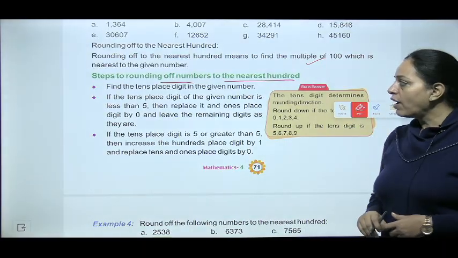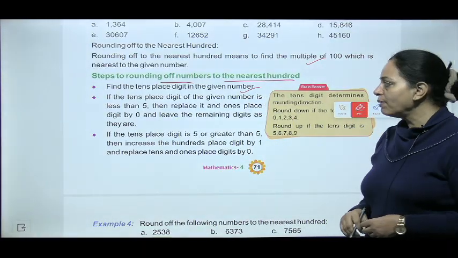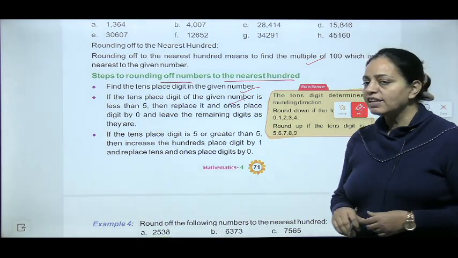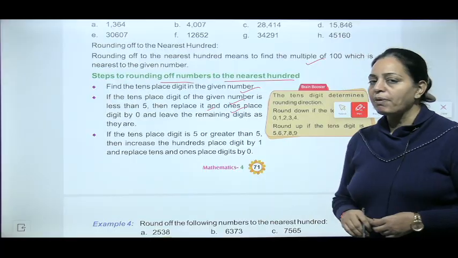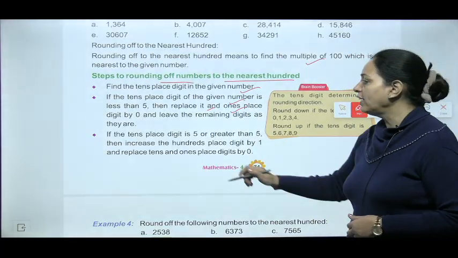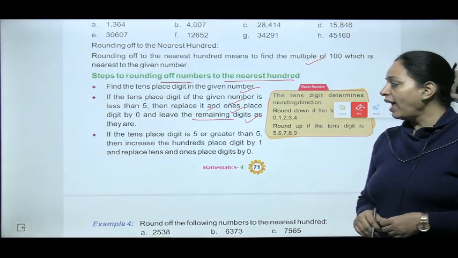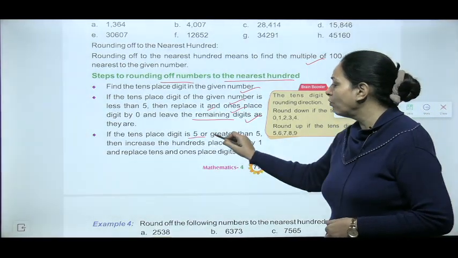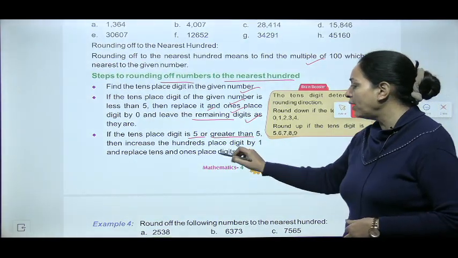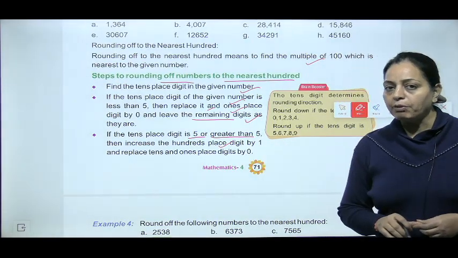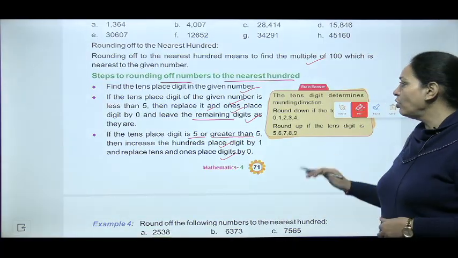First, find the tens place digit in the given number, and if the tens place digit is less than 5, then replace it and the ones place digit by 0 and leave the remaining digits as they are. And if the tens place digit is 5 or greater than 5, then increase the hundreds place digit by 1 and replace the tens and ones place digits by 0.